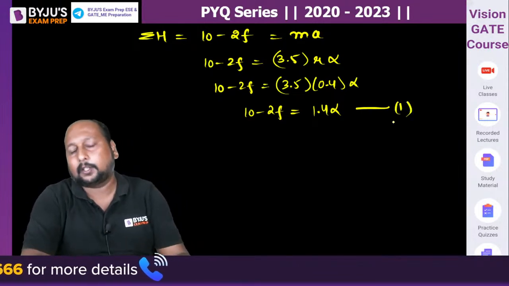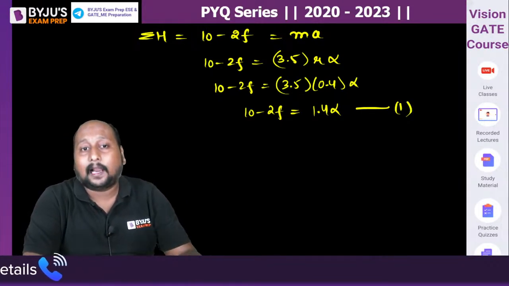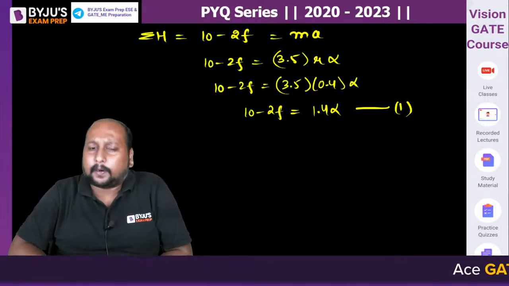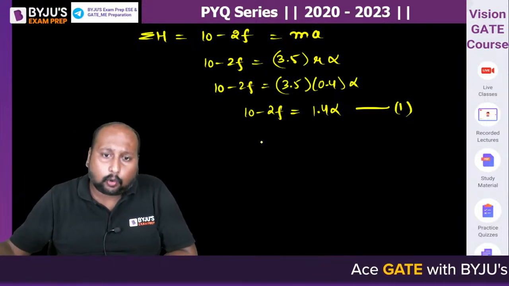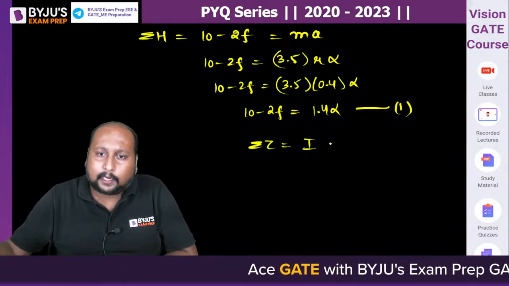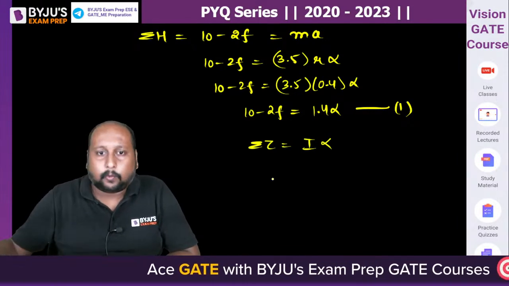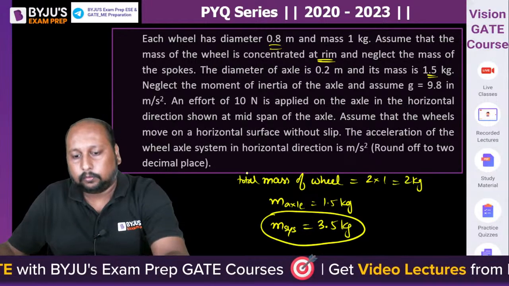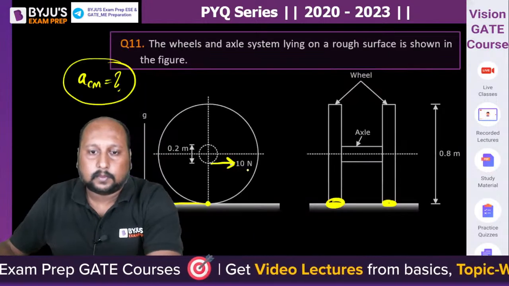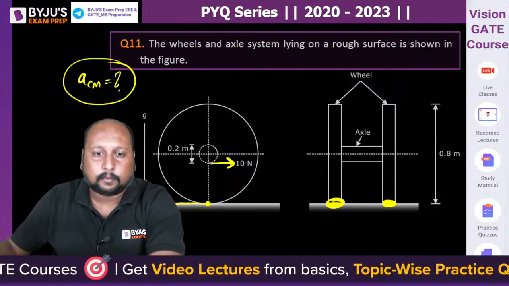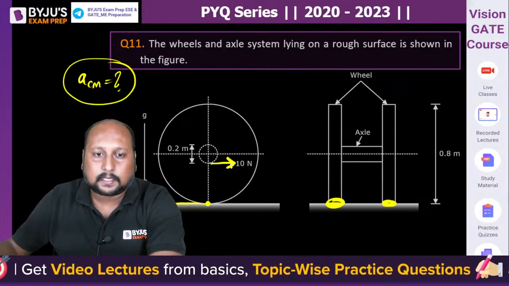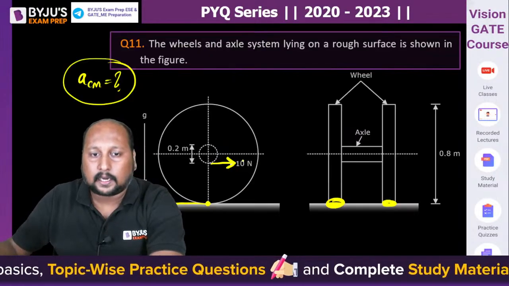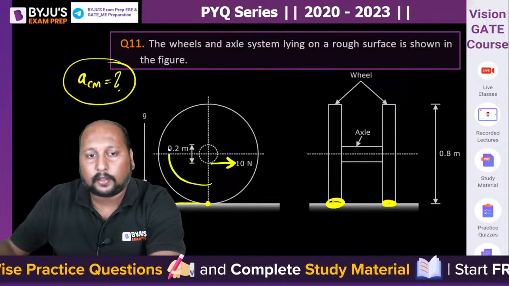Let us suppose this is equation 1. Now, once we have done the force calculation, let us calculate from the torque perspective. So can we say the total torque will be equal to I into alpha? What is the total torque? This is 10 Newton, this is F, so we can say F is minus, because the body is trying to move in this direction.